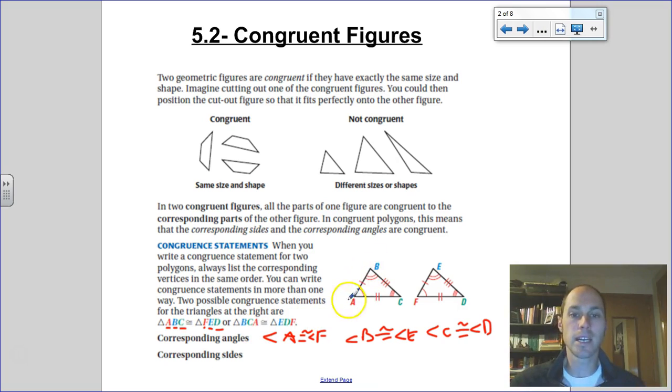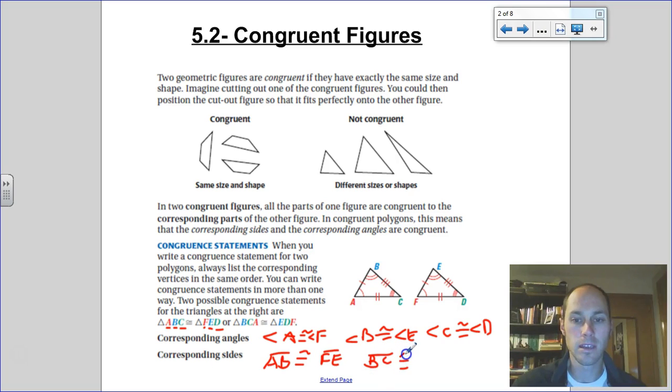And then the corresponding sides, AB would be congruent to FE. In the same way, BC would be congruent to FD. And also, AC, or CA, it doesn't matter how we write it, would be congruent to FD.